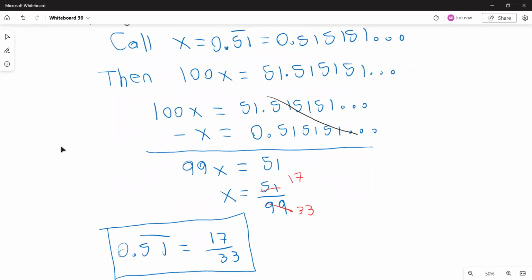And I will finish this section with an application. I'm copying this from the book. We're going to do number 80 on page 269.